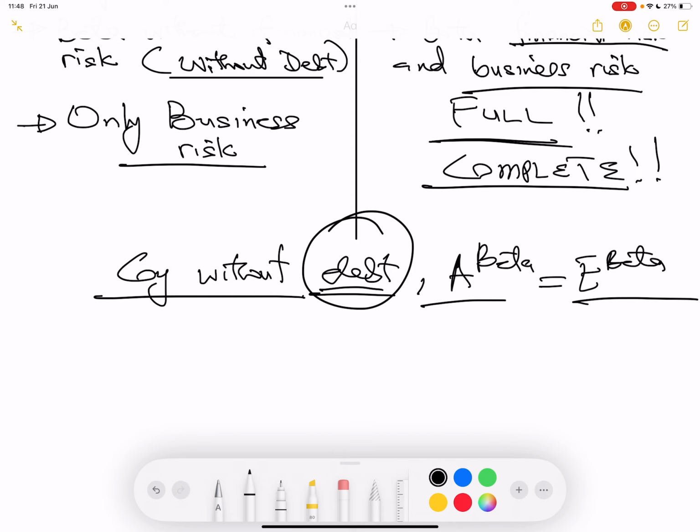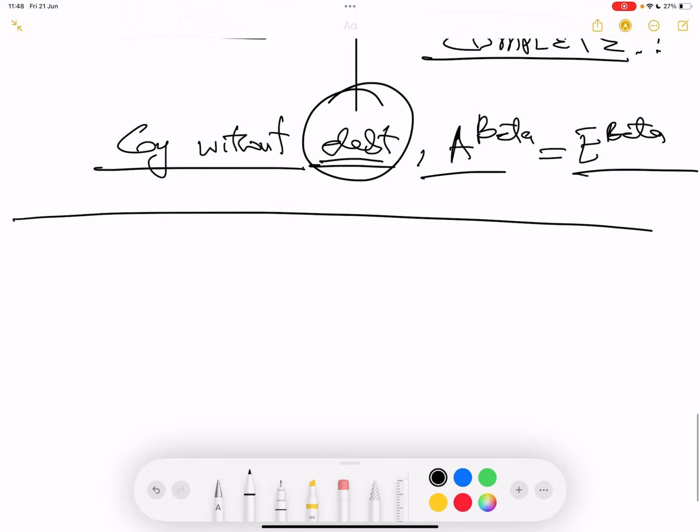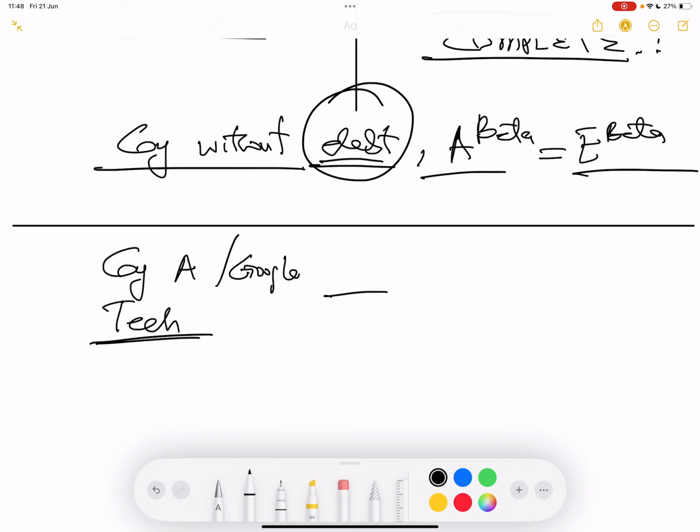Now, how does this apply in the real world? And which is the way it can be tested actually. Usually this is going to be tested when you have company A. Say this company A is a tech company, let's say Google. A tech company wants to invest.